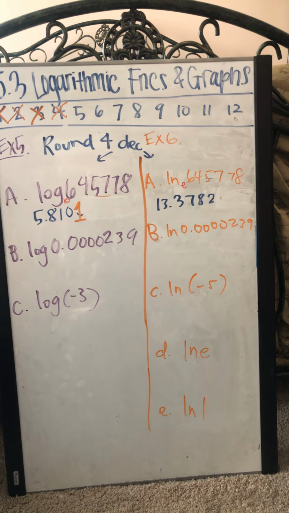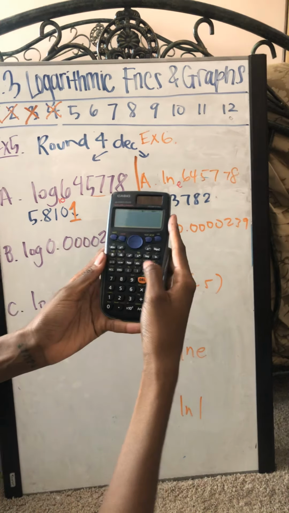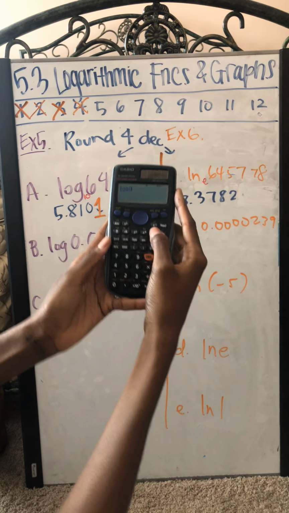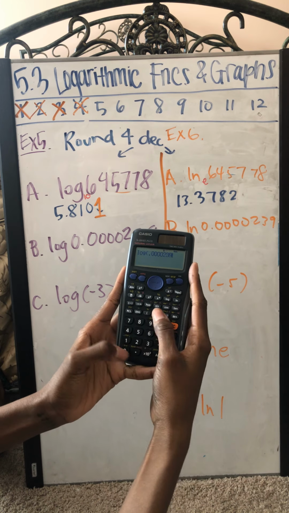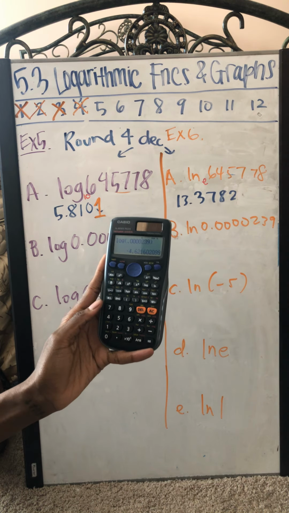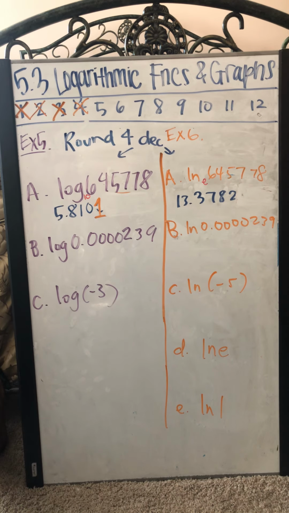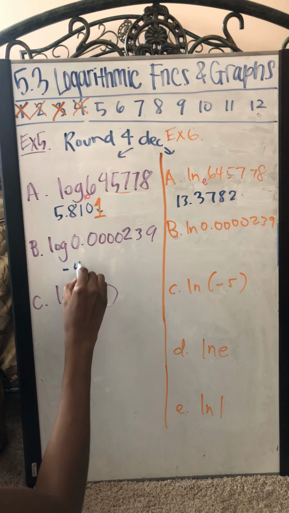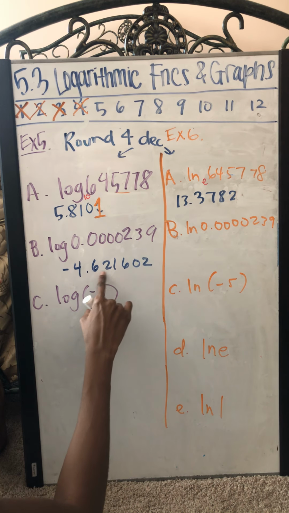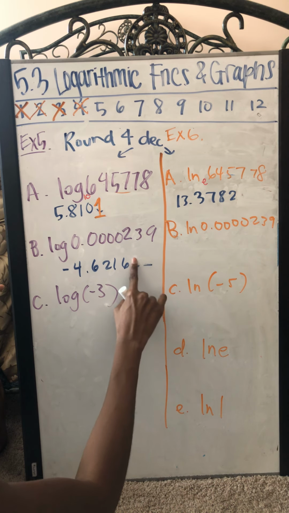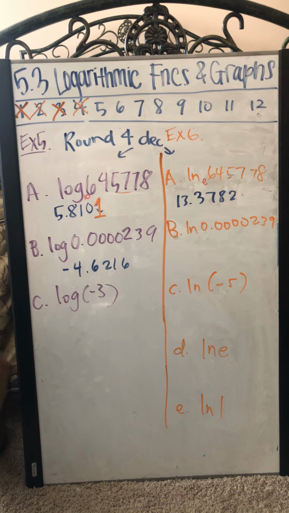Alright, now we do our next one, which is log 0.000239, and we get negative 4.621602. 1, 2, 3, 4. The next number was a 0, so we can just get rid of it, okay?